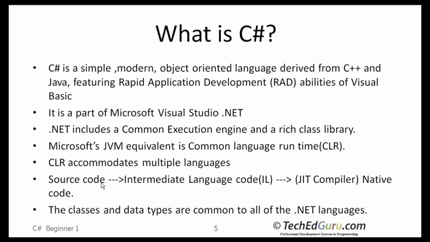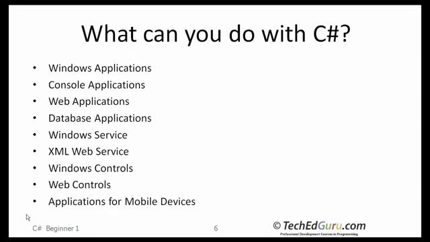So all of these languages get compiled to the intermediate language code. Then when you run your application, it uses JIT compiler or just-in-time compiler to compile it to the native code. The classes and data types are common to all the .NET languages.